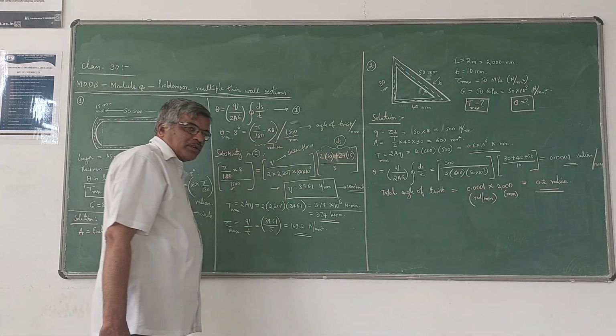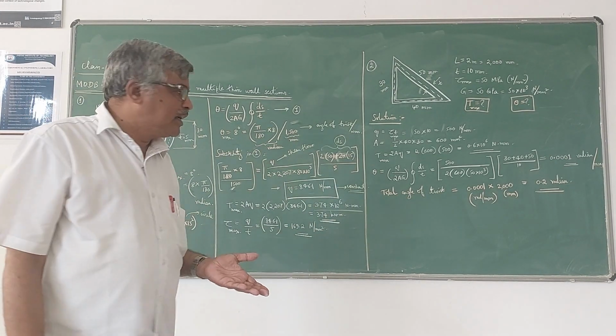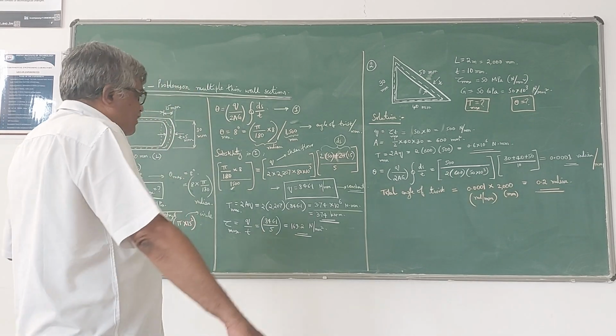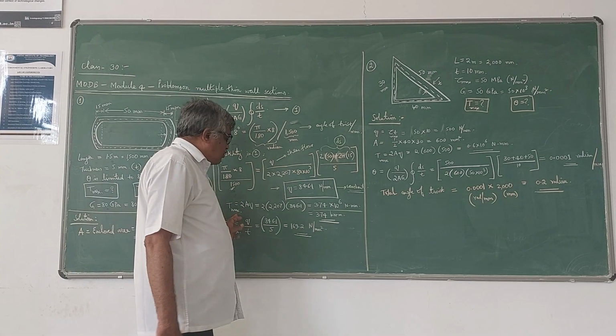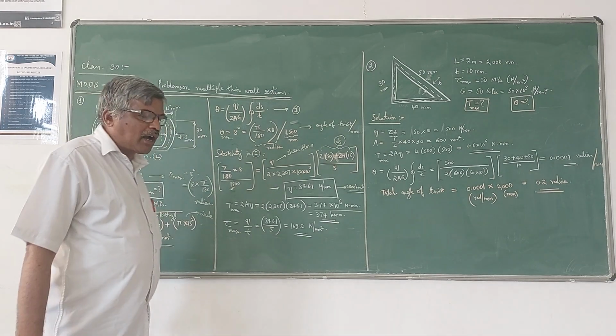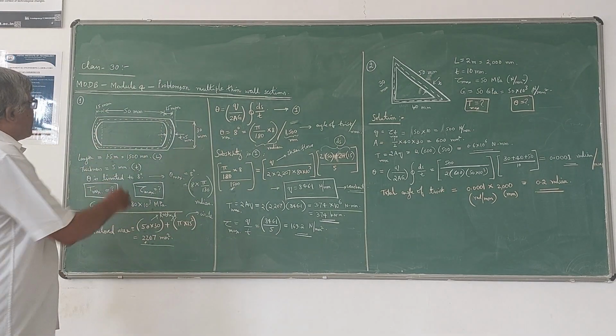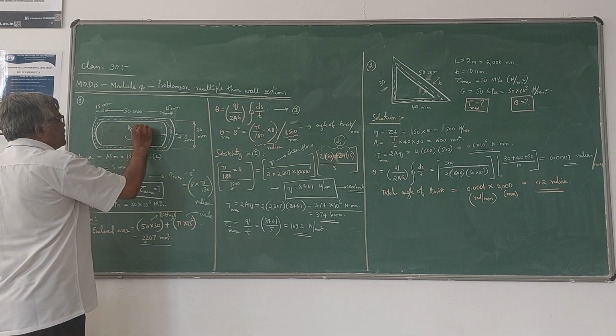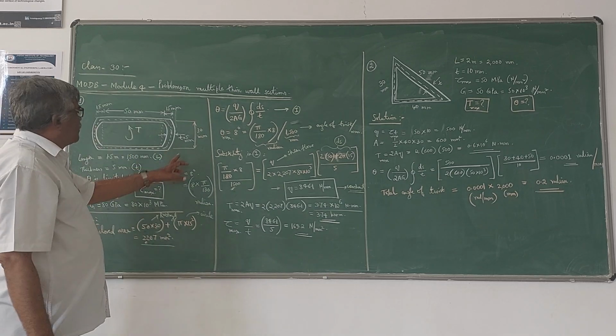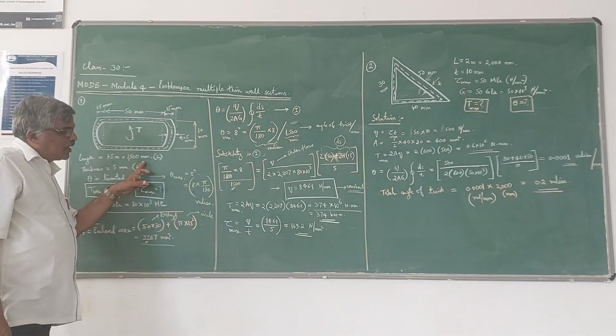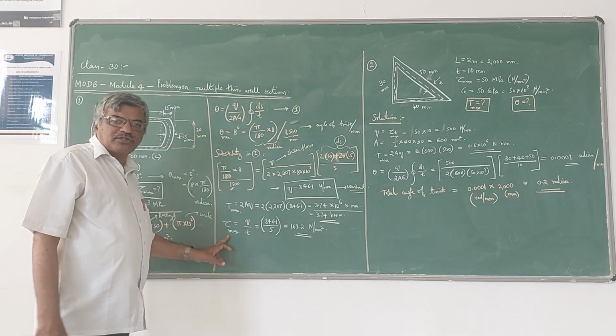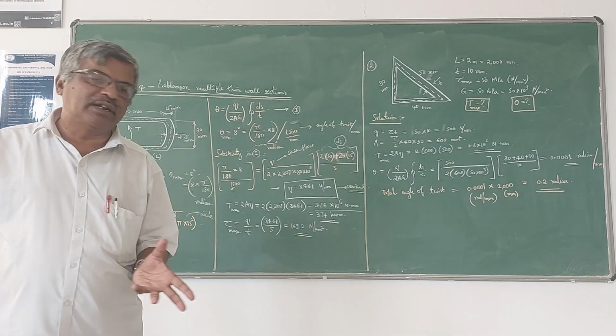So finally you can convert that into kilonewton meter. So 10 power 6 is the conversion factor. So this is the value of the maximum torque that can be applied over this cross section, which has a length of 1500 mm. And he has asked for the maximum shear stress induced in that section.